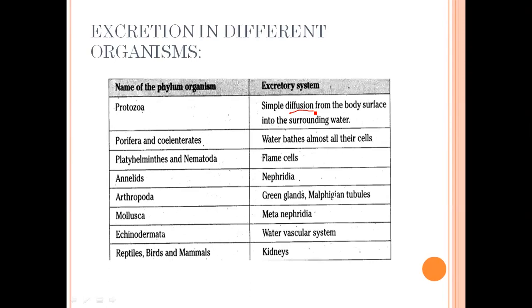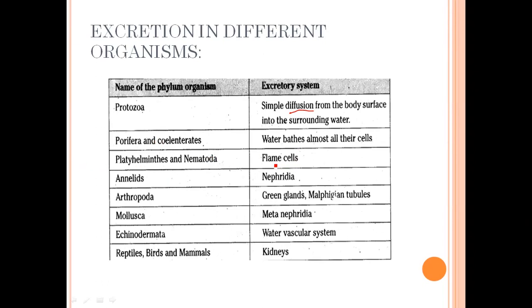In Porifera and Coelenterates, there too the waste material is eliminated through the body. In Porifera, which are commonly called sponges, the waste is removed through the canals, that is the canal system helps in removal of the waste material, whereas in Coelenterates some specialized cells are present on the body surface. So the body surface becomes the mode of elimination of excretory waste in these organisms.